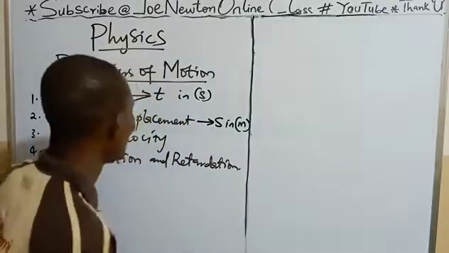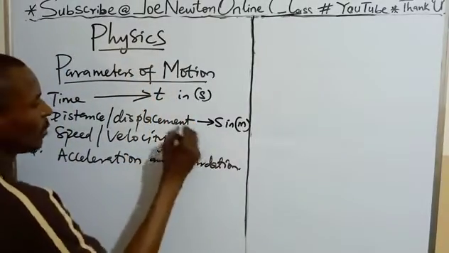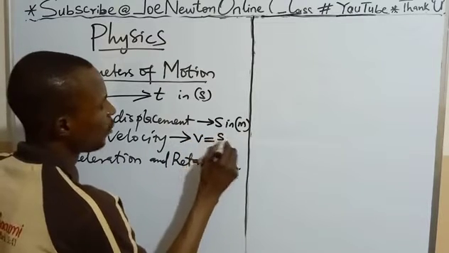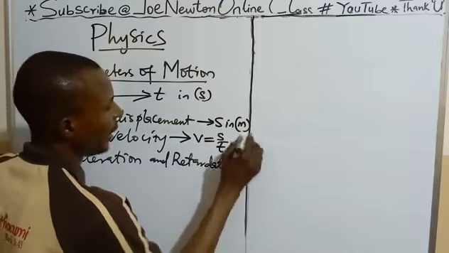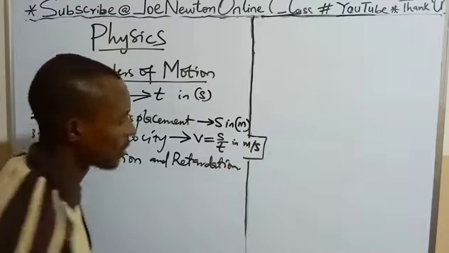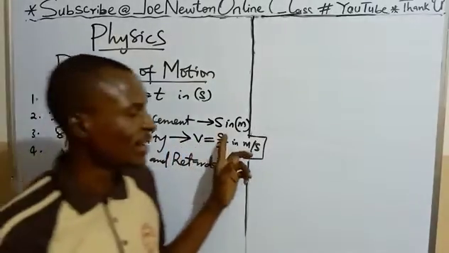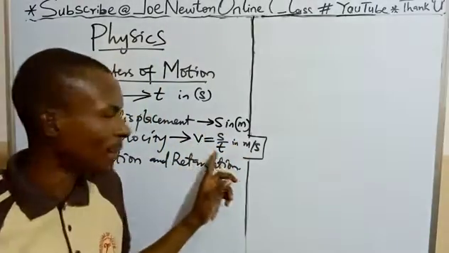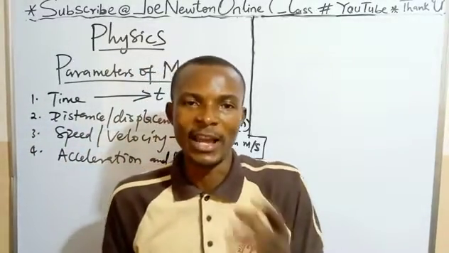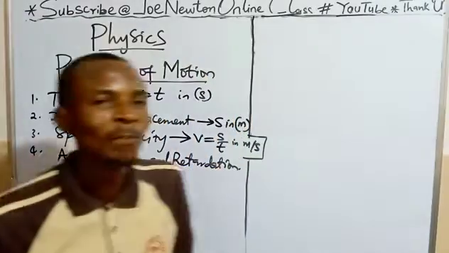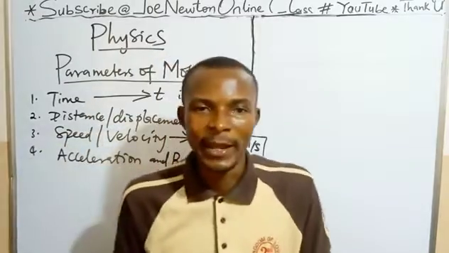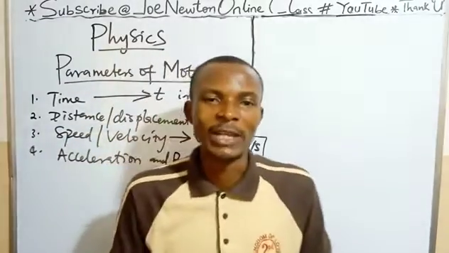Now, for velocity we use V. V simply is S over T, and it is measured in meter per second. So the velocity is the distance over time, and the speed is distance over time. Both the distance and the displacement are denoted by the letter S. Mathematically, the velocity of a body in motion is obtained by dividing the displacement by the time taken.